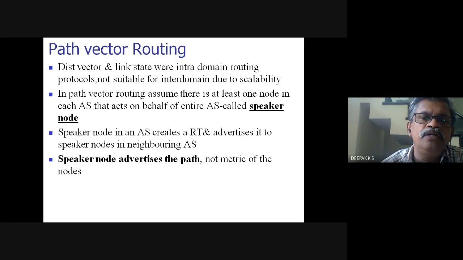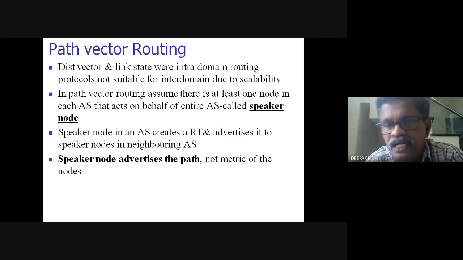The speaker node creates a routing table and advertises it to the speaker node in the neighboring autonomous system. So the speaker node advertises the path, and this is based on path and not metric.